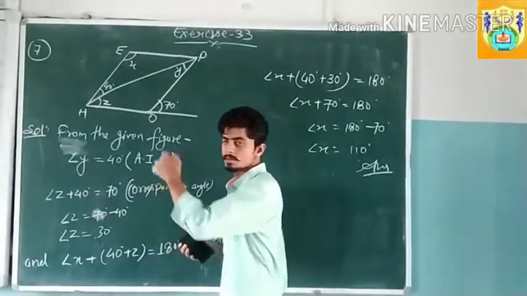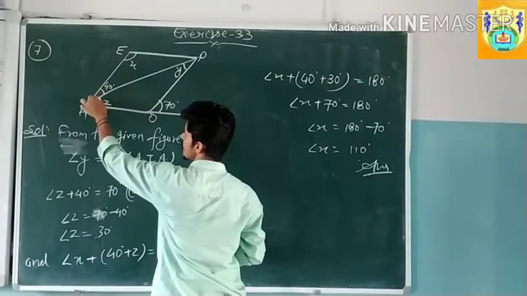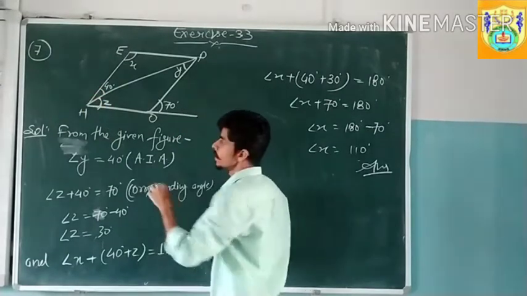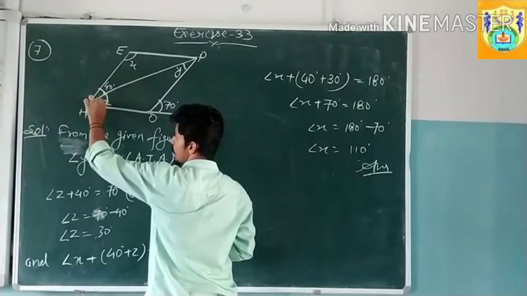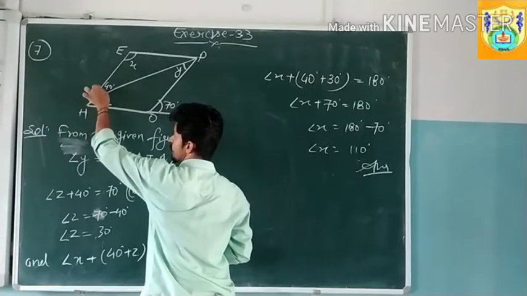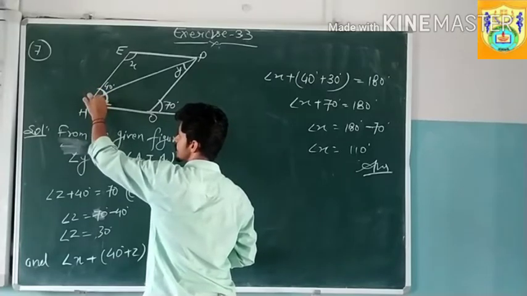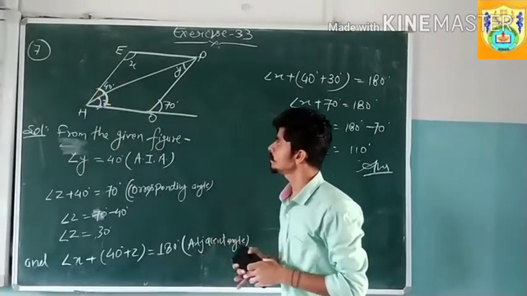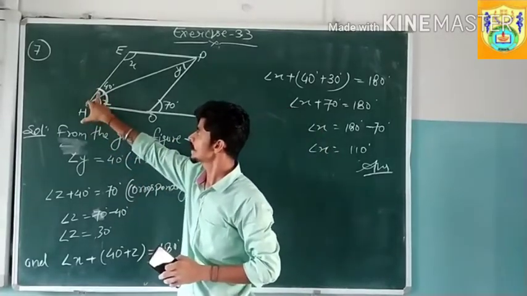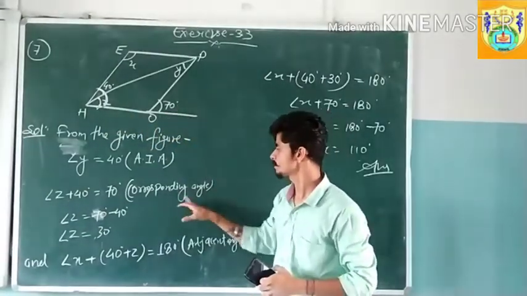Now you have to just focus here, angle 40 and angle z. These both angles are part of that angle. So when we combine 40 degrees and this angle z, it will become this total angle. That means the combination of both these angles, z plus 40, is equal to 70 degrees because it is a corresponding angle.